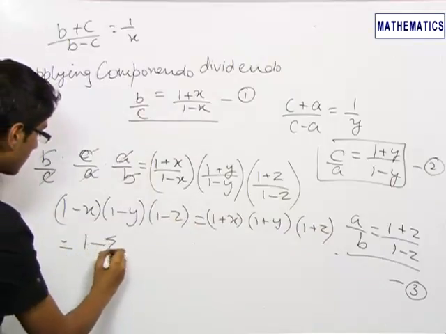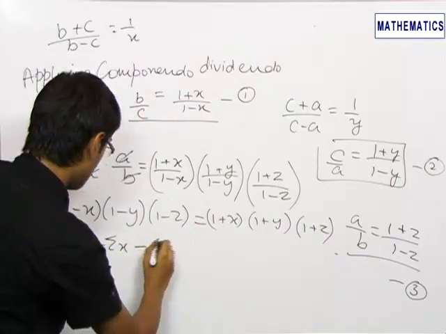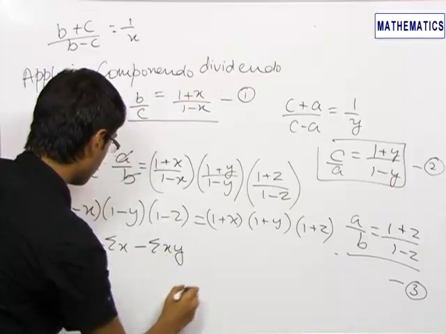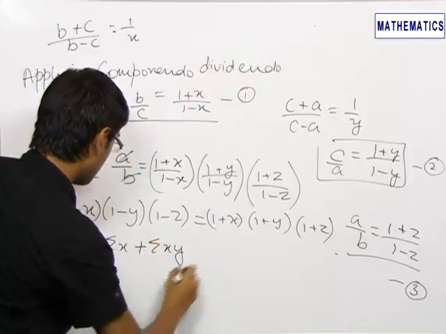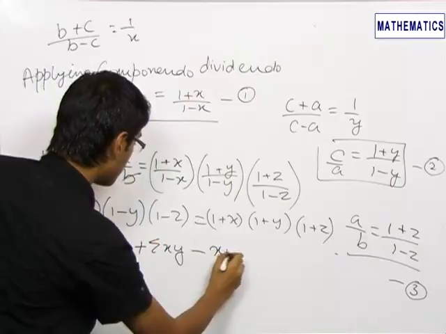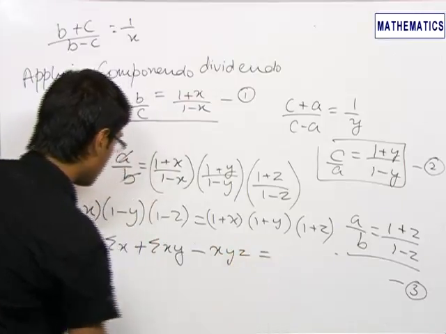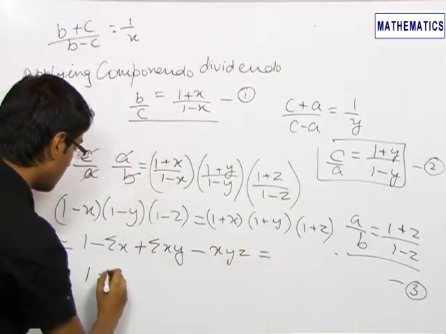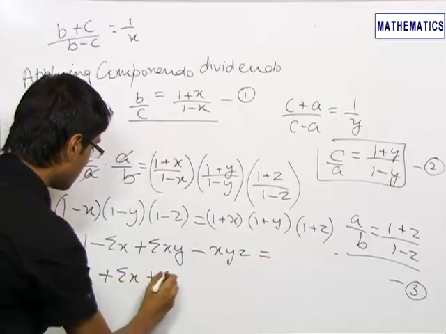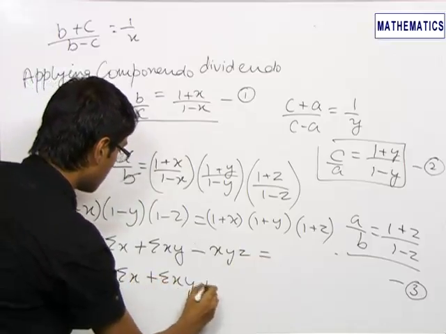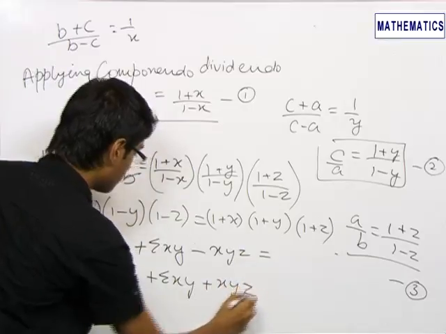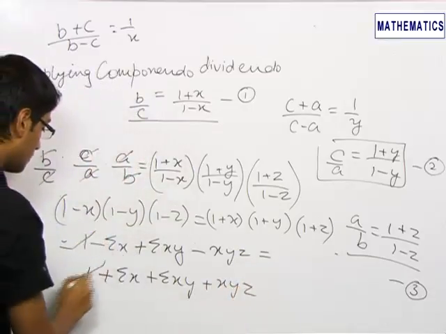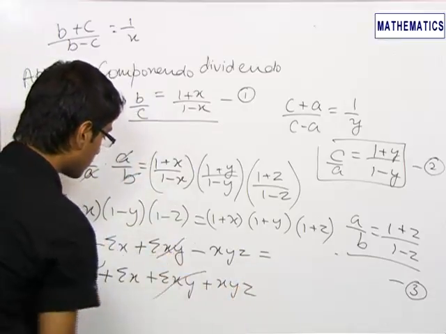This becomes 1 minus sigma x plus sigma xy minus xyz equals 1 plus sigma x plus sigma xy plus xyz. This 1 gets cancelled out. Similarly, sigma xy terms get cancelled out.